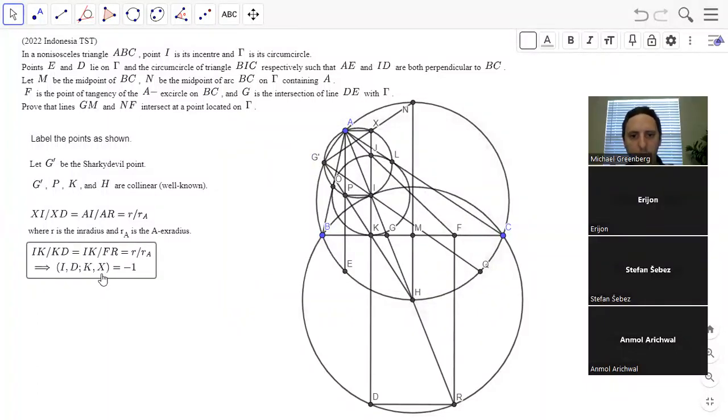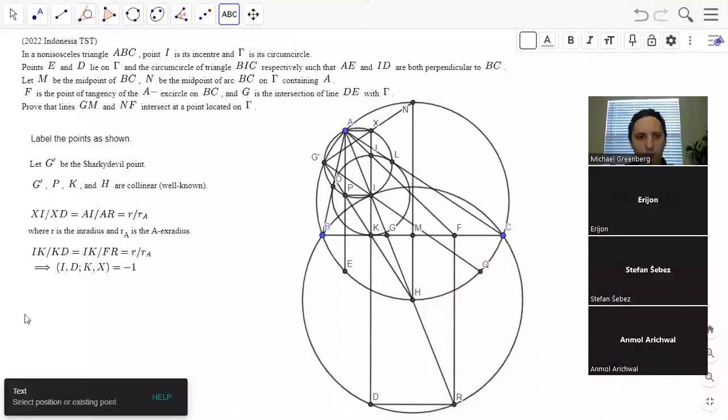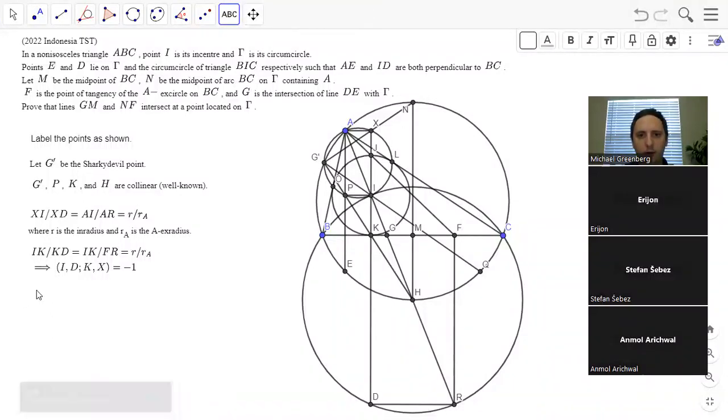And then we take those and we project it through G prime. So X, I, P and G, D intersect the circle is harmonic.